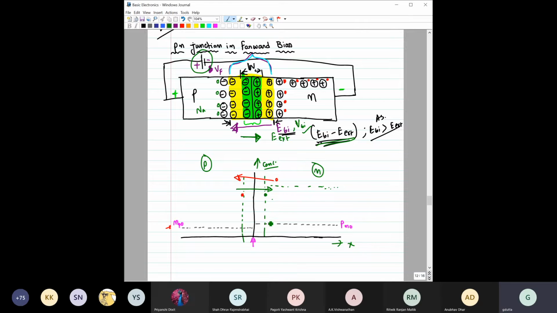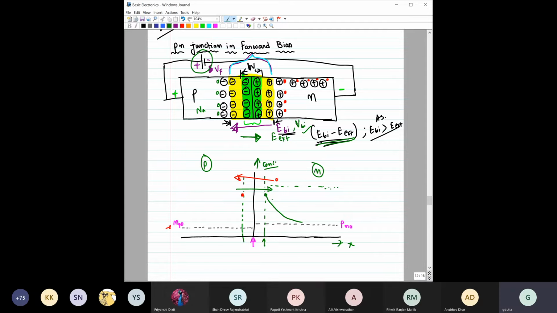Now, as you go far from this depletion layer edge, that concentration will reduce further and further. If you know the semiconductor physics, this decay is a type of exponential decay.